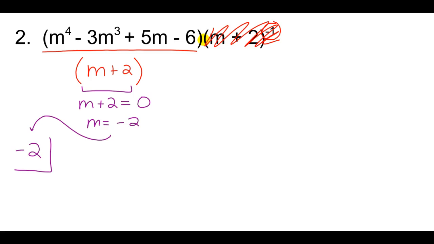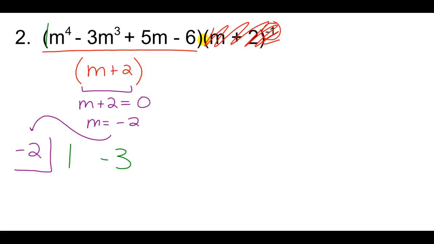Now what you have to do, in a row after this, we put the coefficients of the polynomial that we start out with. So this is a 1m to the 4th, so I'll put a 1. And then negative 3, so negative 3. Now what's missing in this polynomial?